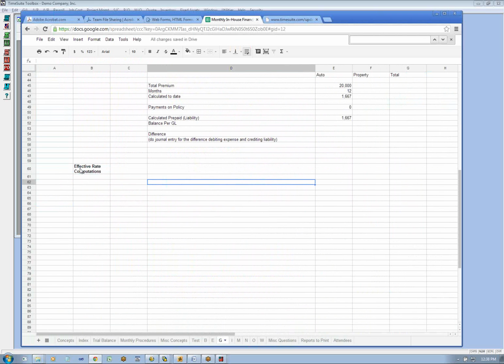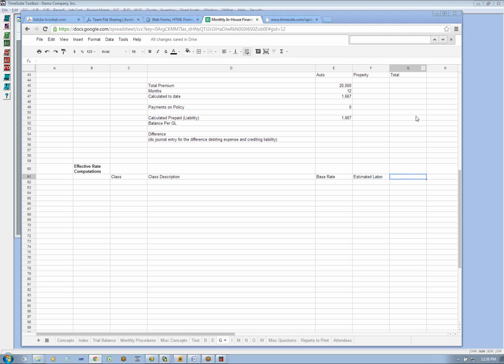On your policy itself, you'll have a classification, maybe a class description, and then a base rate, and then estimated labor. They might call it estimated premium labor, or have different terminology.